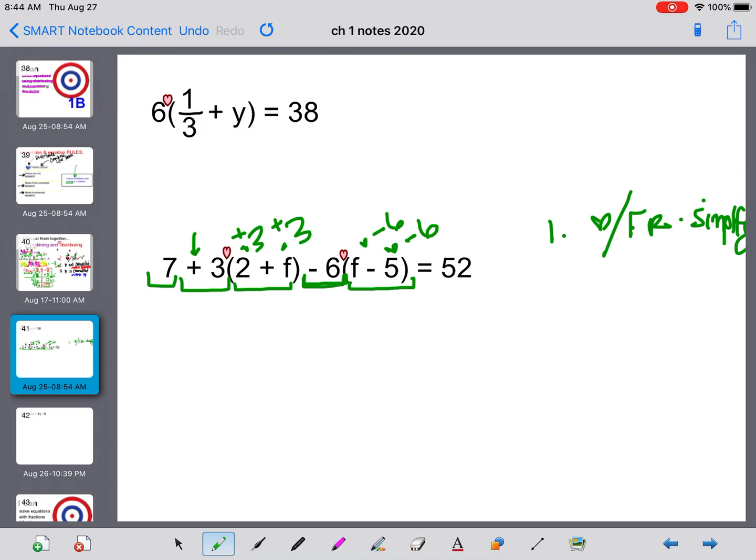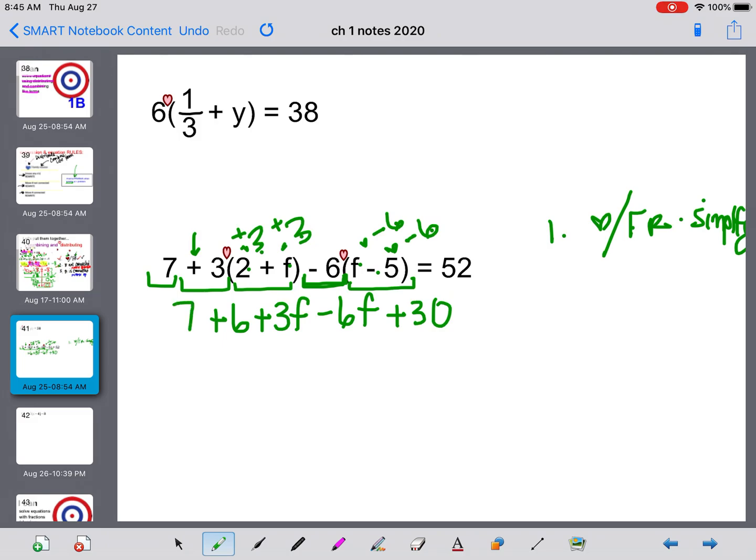Okay, so I go ahead and do this multiplication, and I get 3 times 2 is 6, 3 times f is 3f, and it's plus because this is a positive answer. And then I want to go ahead and distribute over here, and I'm going to get negative 6 times f is a negative 6f, and then negative 6 times a negative 5 is a positive 30.